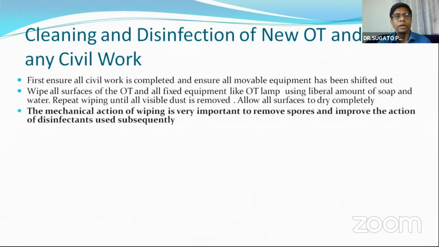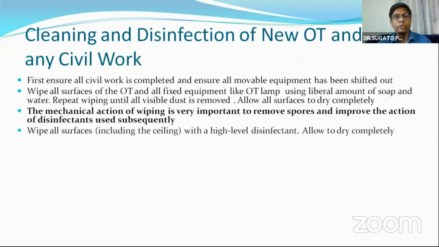This mechanical wiping is very important to remove the spores and improve the action of the disinfectant subsequently. Once this is clean, wipe all the surfaces again with a high level disinfectant, and then move the clean equipment inside the OT.